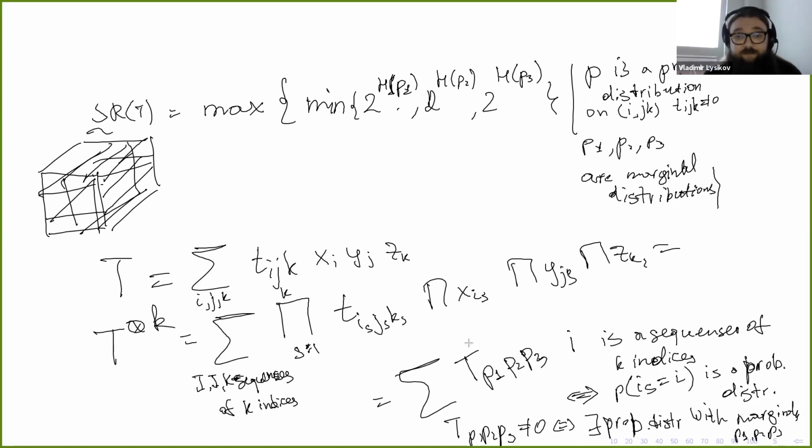And the size of this block, T, P1, P2, P3, is given by the multinomial coefficient. So the number of all sequences which have the same distribution of elements in them is a multinomial coefficient, and the size is approximately 2 to the entropy times k.